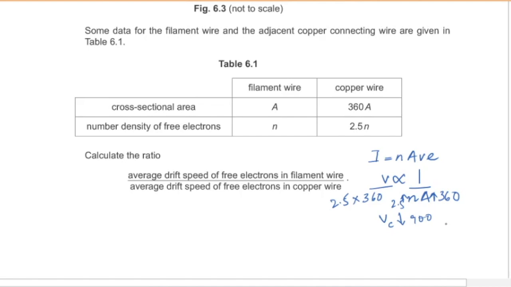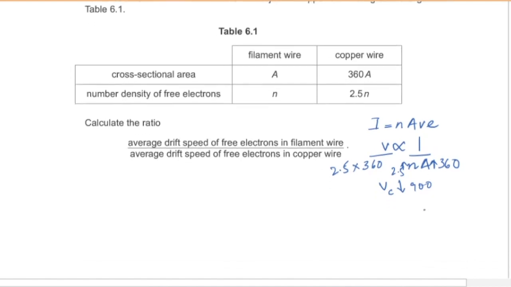Mind that it's the area factor that's increasing here, that is 360, not the radius factor. If it were the radius factor that was increasing by 360 times, the average drift speed of free electrons must have decreased by 360 into 360, meaning the square of 360. But here, since this is the cross-sectional area that's increasing by 360, the average drift speed of free electrons will decrease by only 360 times.